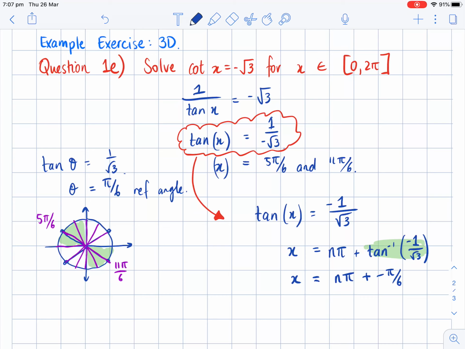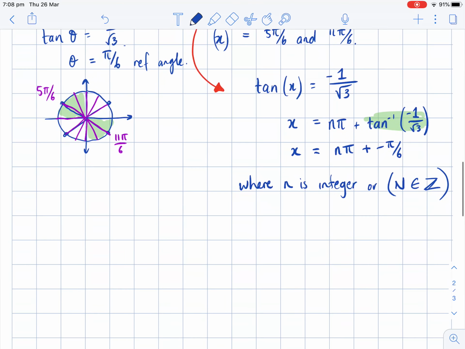What this does is it tells me every possible answer, where n is an integer, or n is an element of Z.